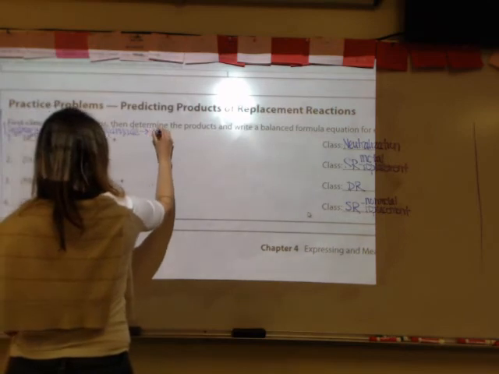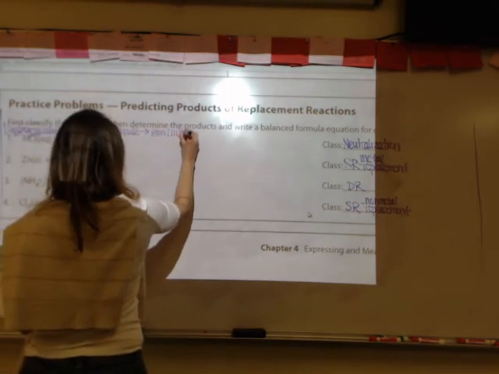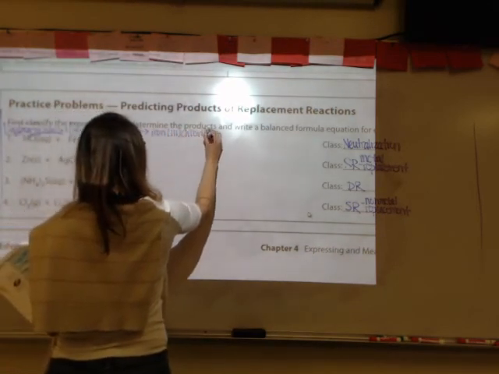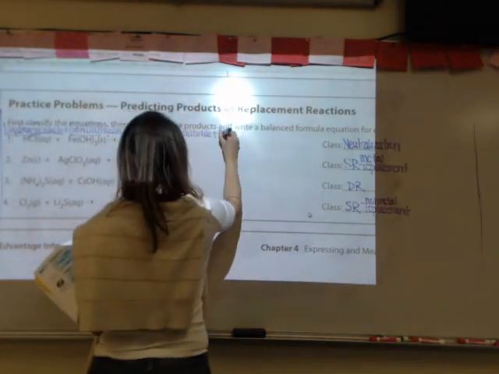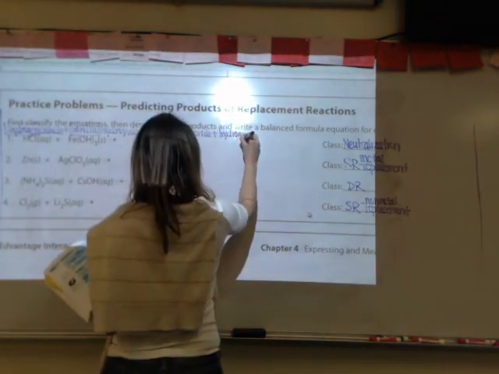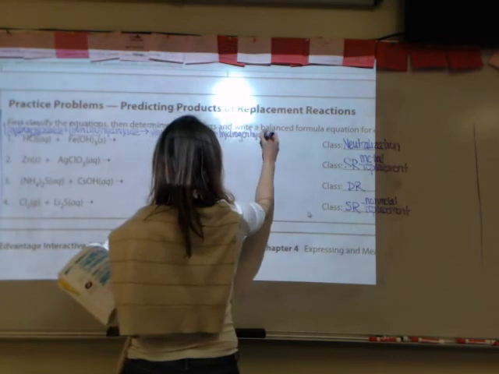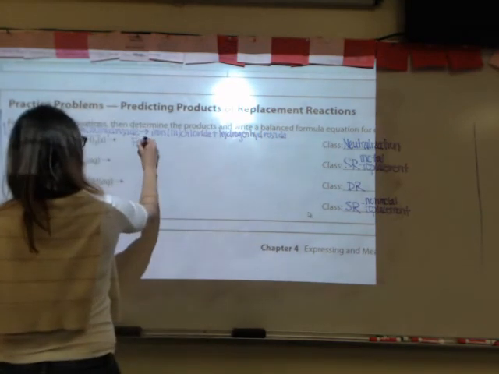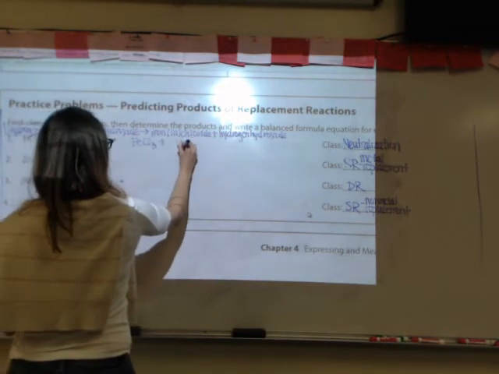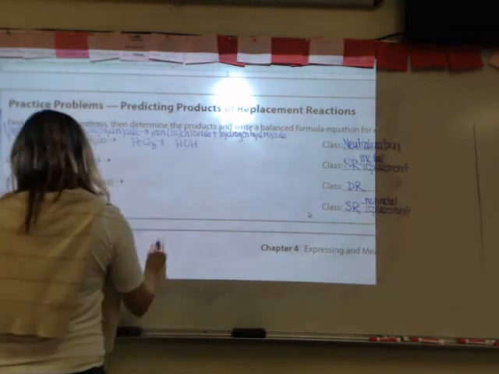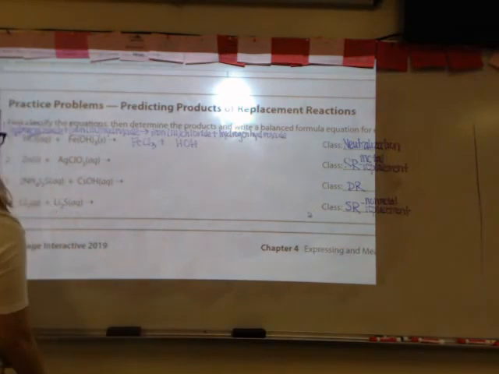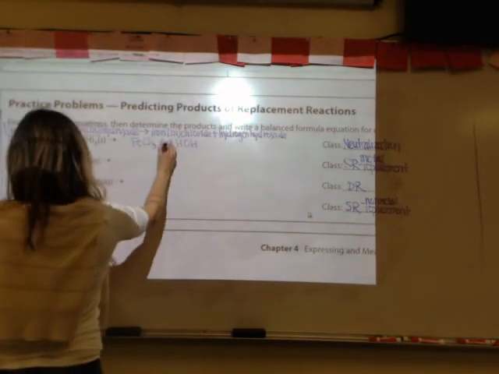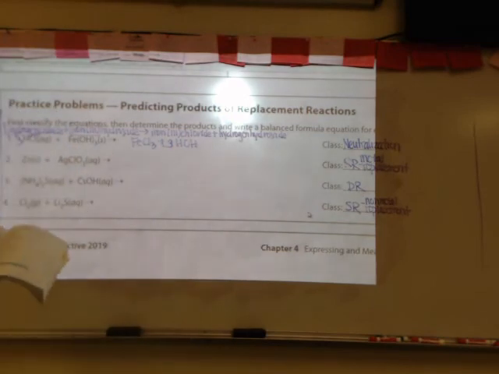And that's how I get iron 3 chloride plus hydrogen hydroxide, which is just water. So I'm going to cross charges. That's going to give me FeCl3 and HOH. And then to balance it, I'm going to need a 3 in front of HCl to balance the chlorine, and a 3 in front of HOH to balance the hydrogen with the hydroxide.